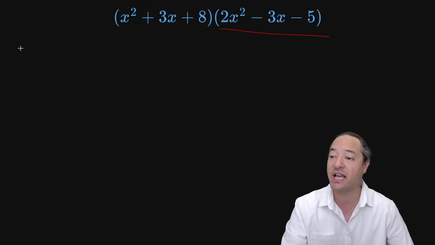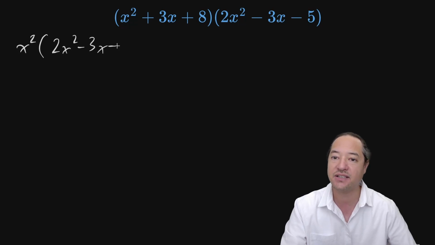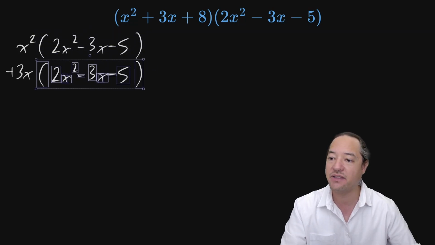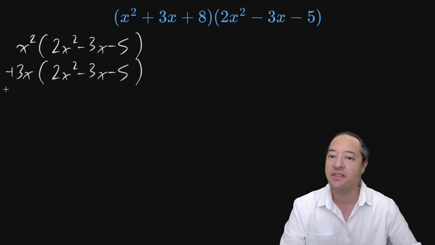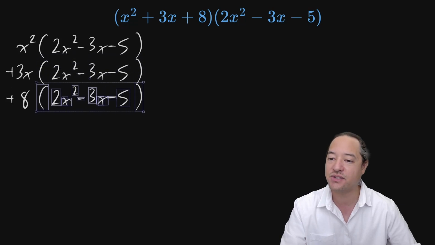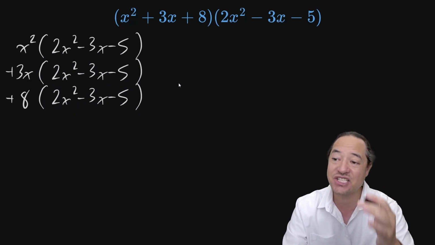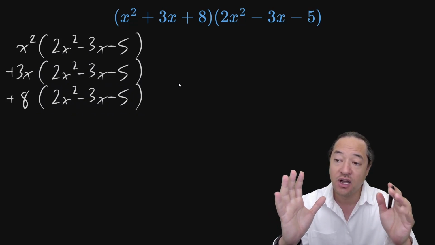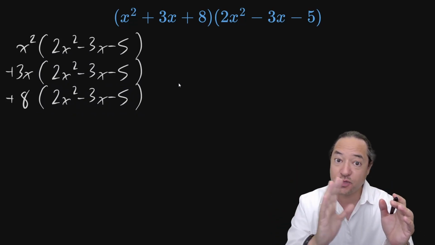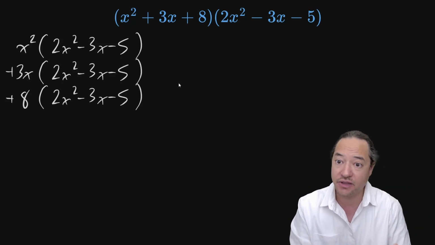We'll have an x squared multiplied by 2x squared minus 3x minus 5, plus a 3x, again, multiplied by this polynomial here, and then plus an 8, again, multiplied by this whole polynomial here. So this is actually what we need to do now. We need to do all of these distributions, and then we have to sum everything up, okay?